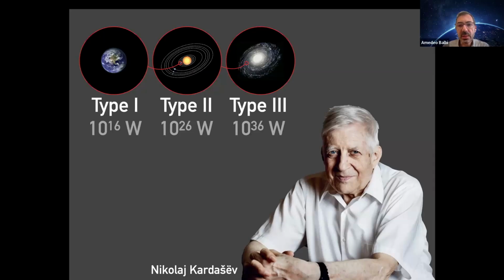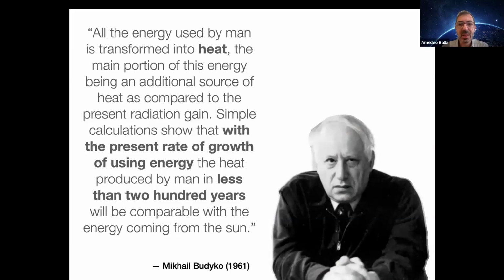And the point is that more or less at the same time that Kardashev was doing this classification scheme, someone else pointed out that actually you cannot do this without any constraint, because every time you produce energy or you transform energy, you get some waste heat, and this waste heat will introduce an additional source of heat in a planetary environment, which is in addition to the radiation that you receive from the star.